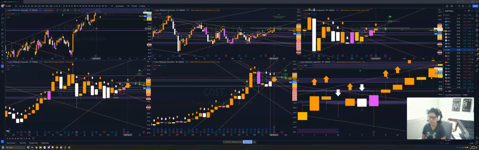So I'll look for confluences like that, make sure that other time frames like the 2 day, 3 day, weekly, 2 weeks, all look good. And then after I'm done with that, I call it a day.